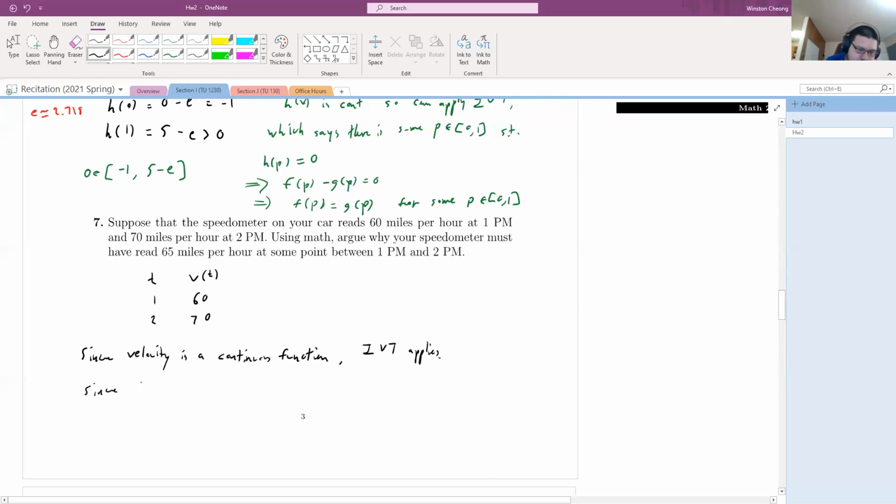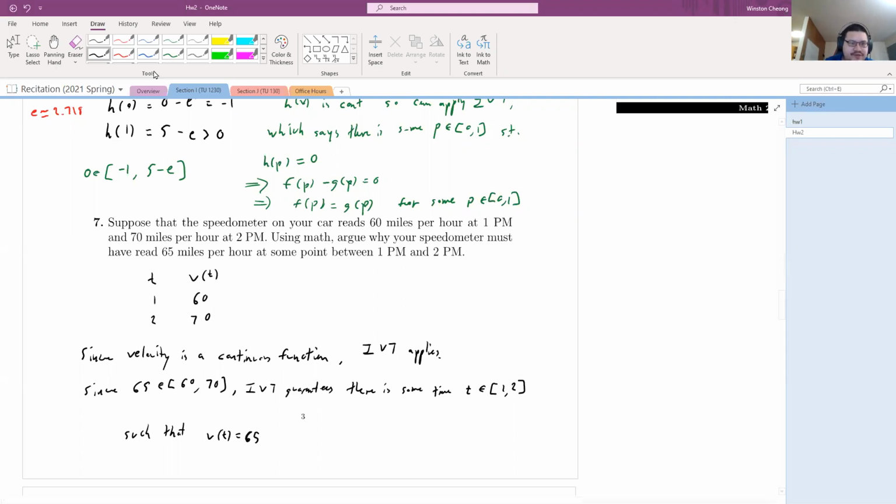And since 65 is a number between these two endpoints on the y-axis, IVT guarantees that there is some time t in this interval from 1 to 2 such that, I can spell this out, v of t is equal to 65, which is exactly the statement that it's asking you to assert.